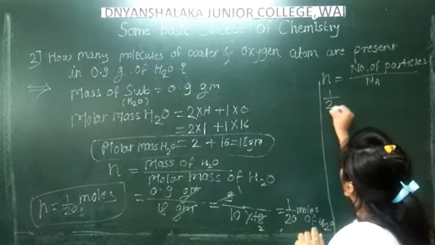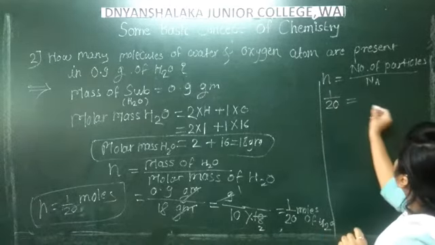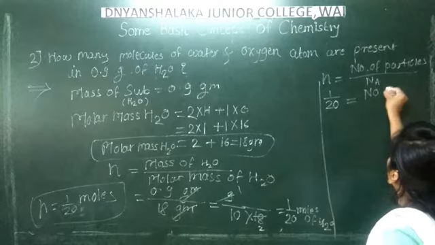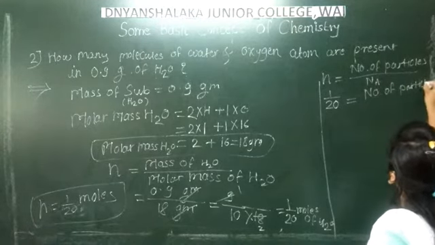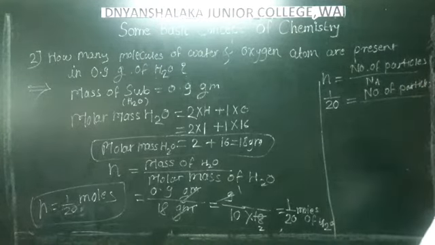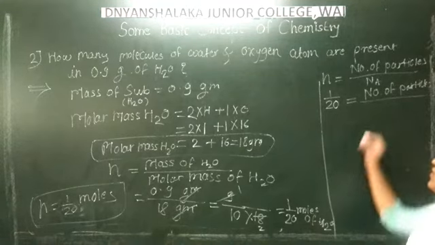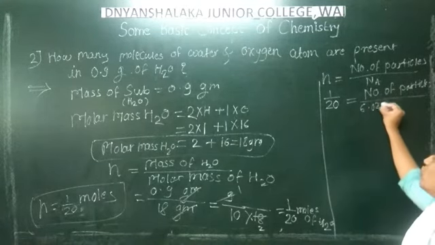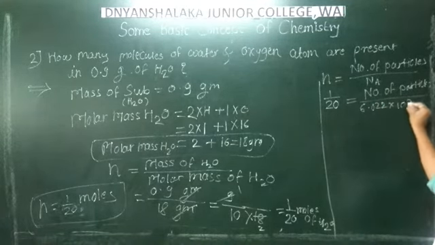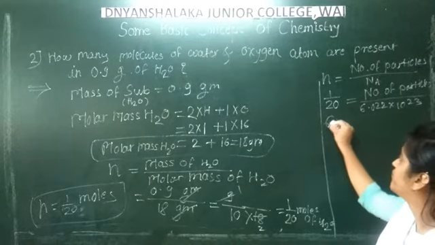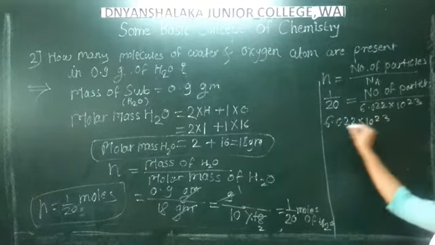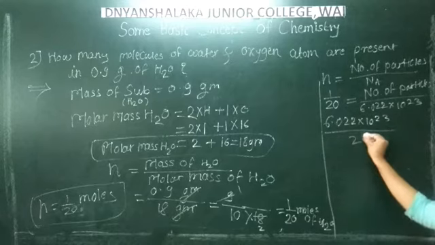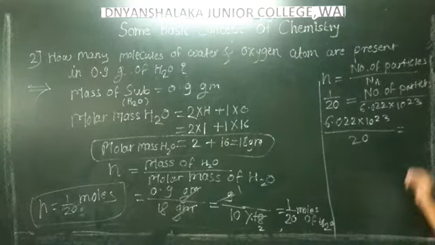Putting this value, Na means the Avogadro number, which is equal to 6.022 into 10 raised to 23. So on rearranging the equation, 6.022 into 10 raised to 23 upon 20 gives the number of particles.